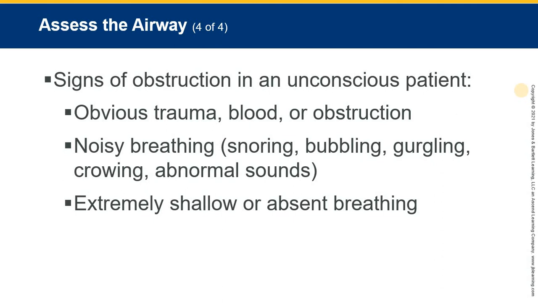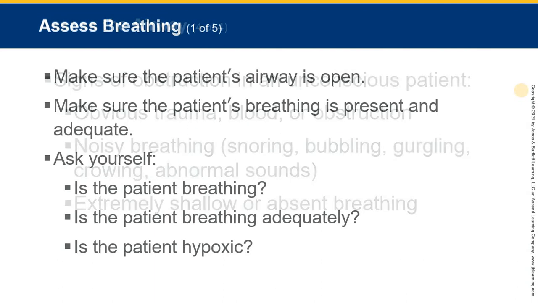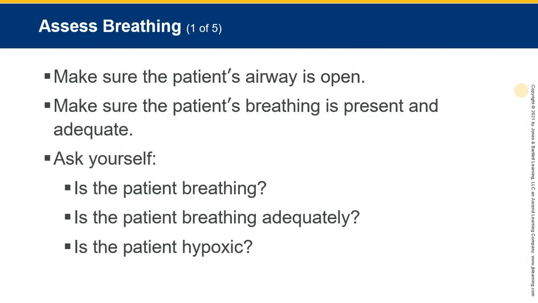Bubbling or gurgling is going to tell you they need to be suctioned. Any sort of abnormal sounds that you hear. Now, watch for respirations that are really shallow or not taking place at all. Obviously, that means you need to move on and give them some BVM positive pressure ventilation attached to oxygen. So always make sure the patient's airway is actually patent and open and that they're actually breathing.